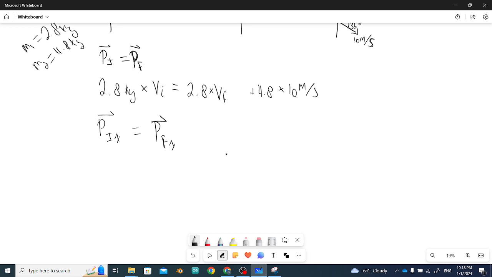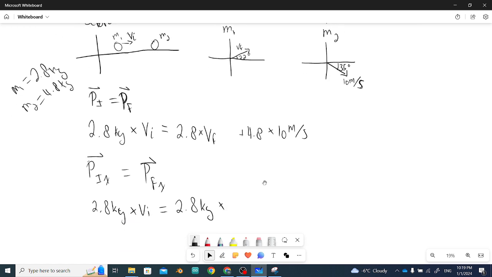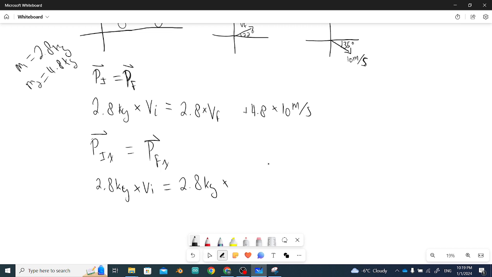So here it would be 2.8 kilos times vi is going to be equal to 2.8 times VF, and we have to take the x only, so that will be VF cosine 22.